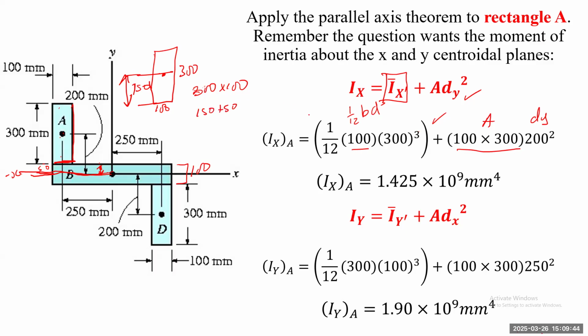It is always going to be a distance mapped to where your centroidal axis is. Your centroidal axis is right here; you could have called that C. It maps this distance right down to here, which is 200. So that's how you get the 200. That's d, and you simply work it out and apply it, and that's it.